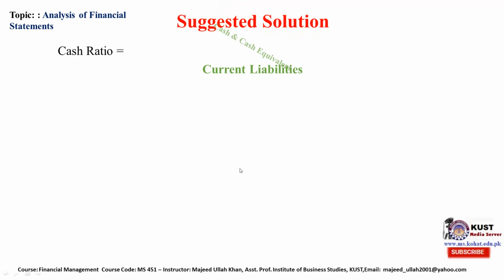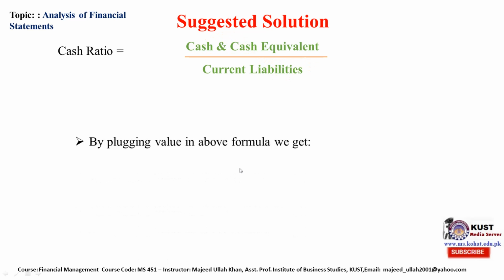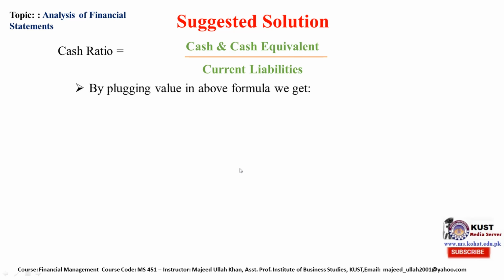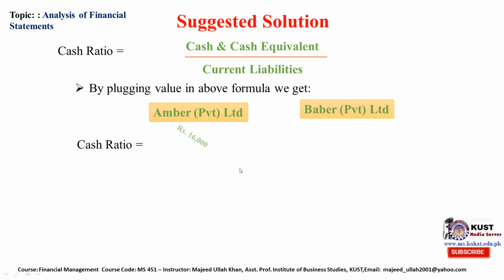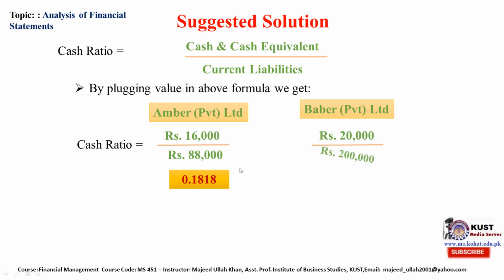Cash ratio. Cash ratio means cash and cash equivalents divided by current liabilities. We will also plug values from these balance sheets into the formula for both companies, Amber Private Limited and Babar Private Limited. Cash ratio is 16,000 cash and cash equivalents divided by 88,000 current liabilities, that is 0.1818. 20,000 cash and cash equivalents divided by 200,000, which is 0.1.